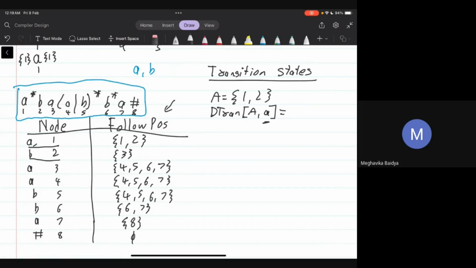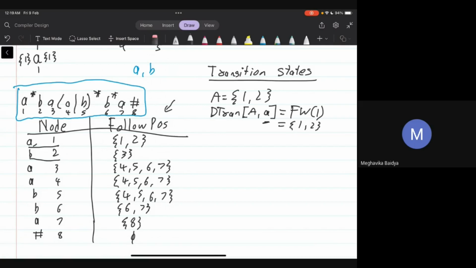For 1 it's A, for 2 it's B, right? So we only include the followpos of 1, just followpos of 1. Which will be 1 comma 2.